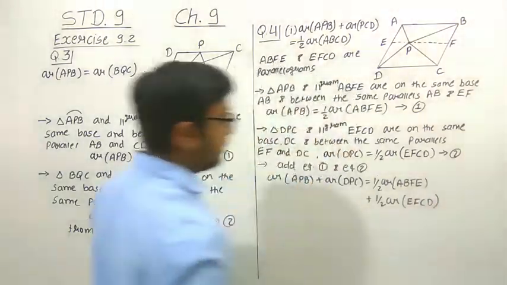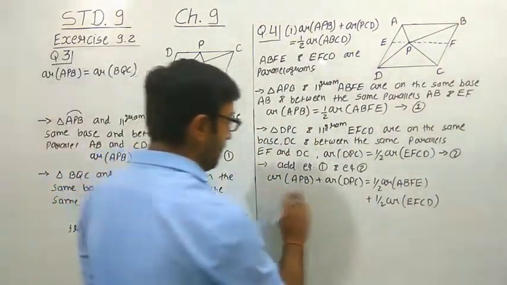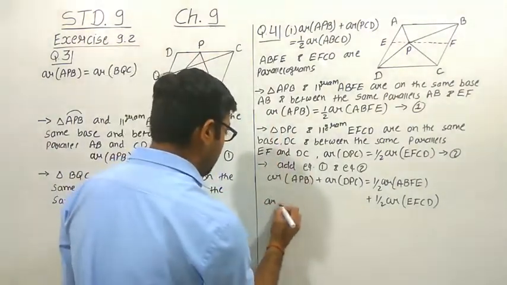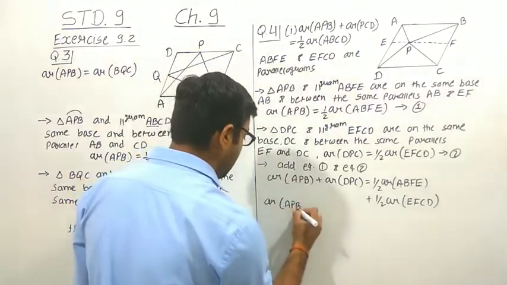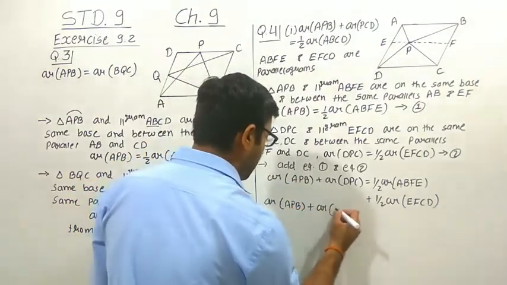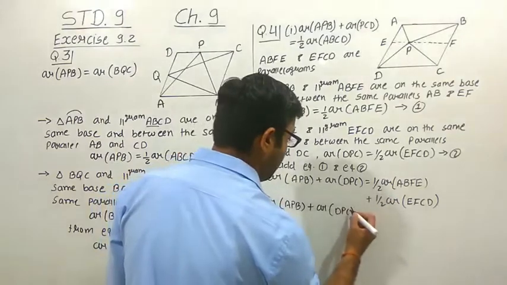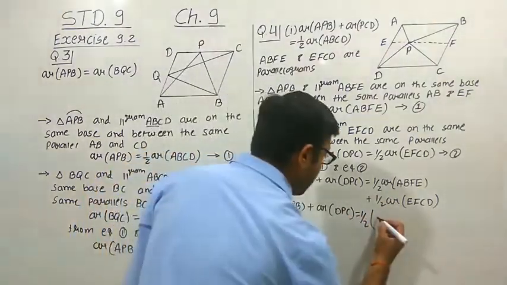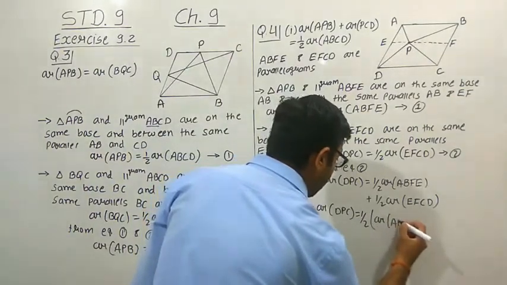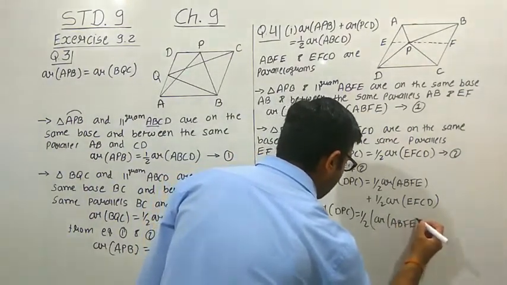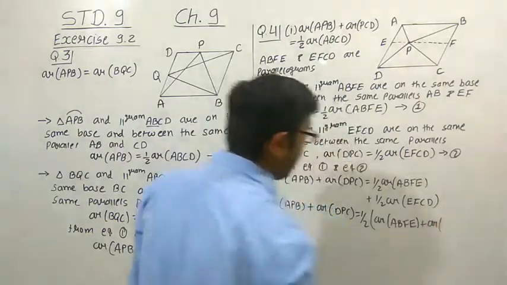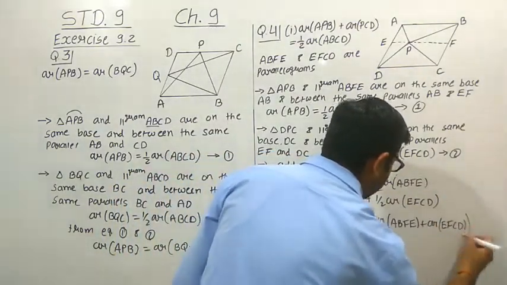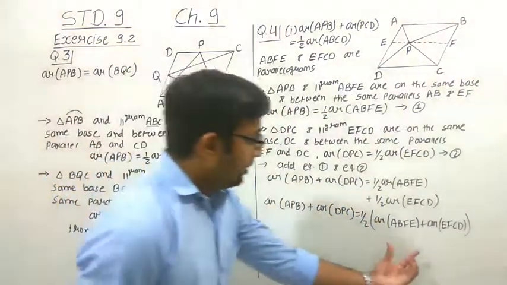We keep the left hand side as it is because that is what we require. Here we can take 1/2 as common, and we get the area of ABFE plus area of EFCD.